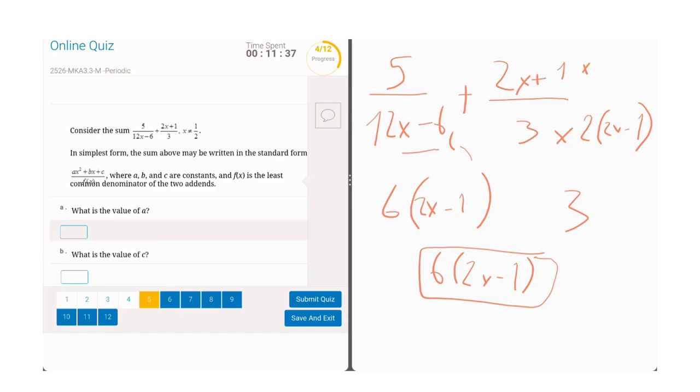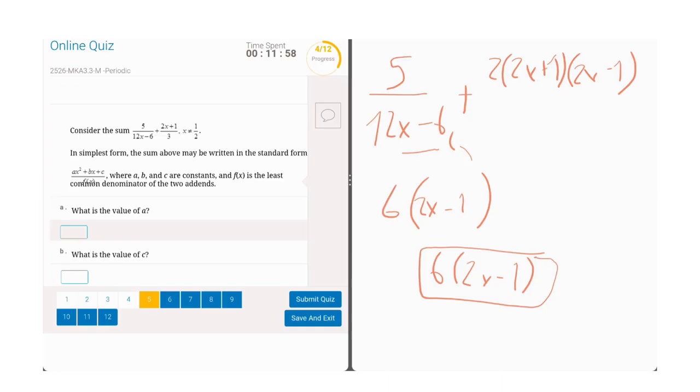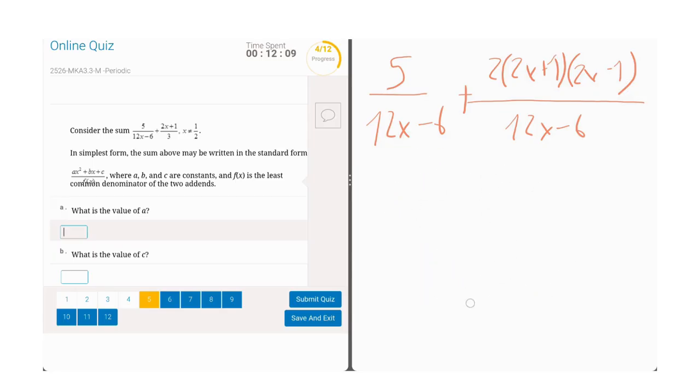So we multiply the top as well by 2 into 2x minus 1. Now let me erase and put the answer. After multiplying, we get 2 into 2x plus 1 into 2x minus 1 all over 12x minus 6, also equal to 6 into 2x minus 1, same thing.